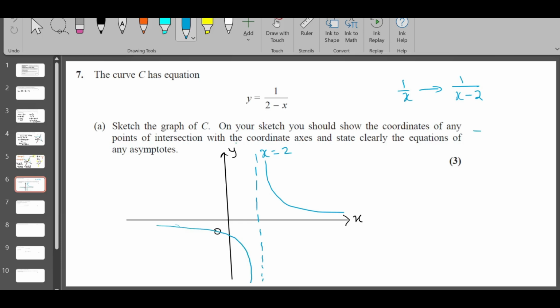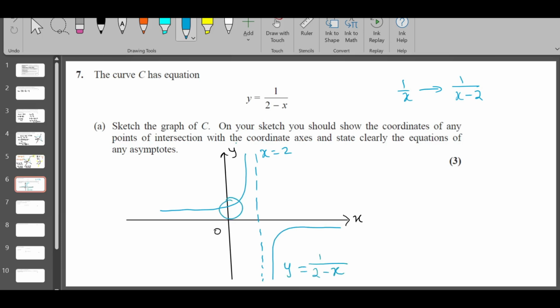Now if you put a negative sign in front, that's a reflection over the x-axis. So we are going to reflect the graph. This graph goes up. This graph comes down. Label the graph y is equal to 1 over 2 minus x.